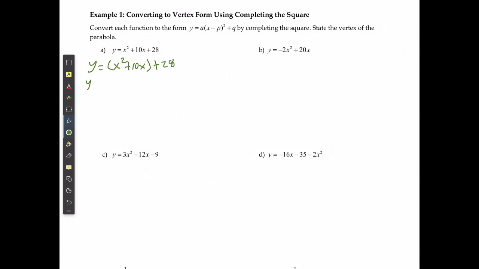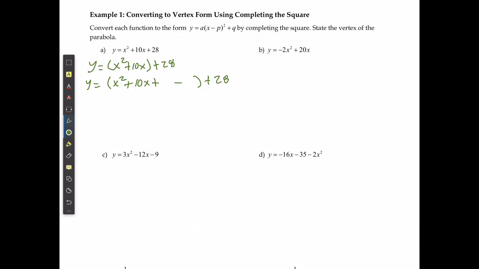Then I'm going to say y is equal to bracket x squared, it's already a single x squared, so I didn't need to divide out an a, plus 10x, plus and minus my missing number, plus 28 on the outside.